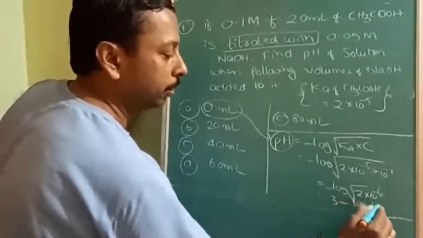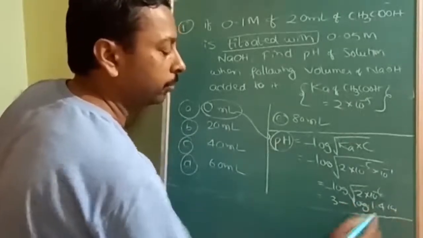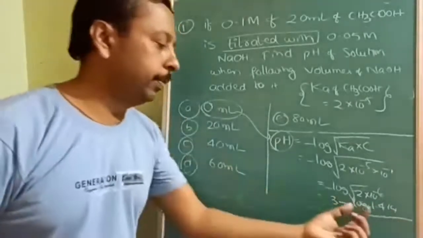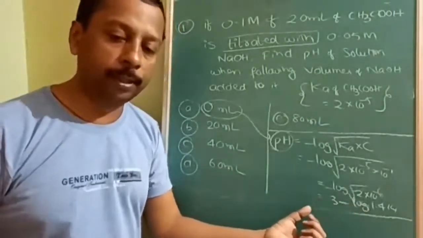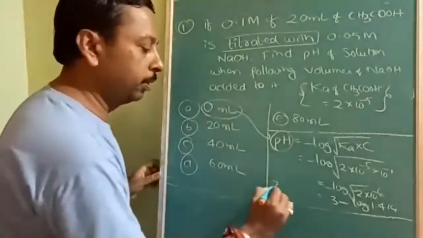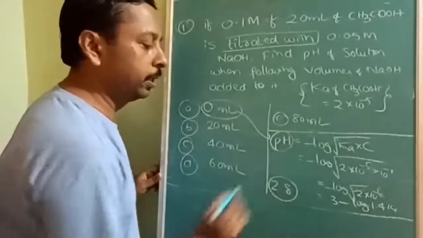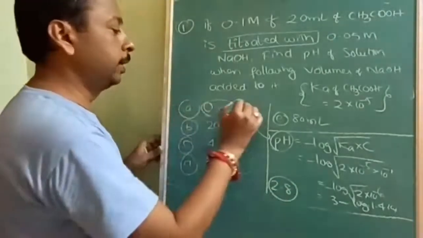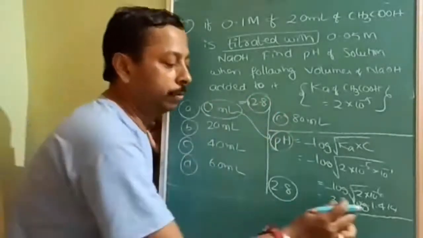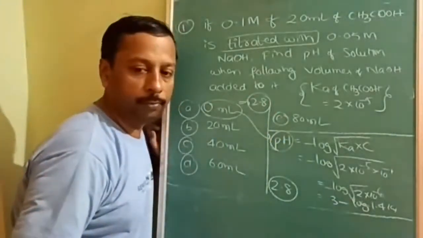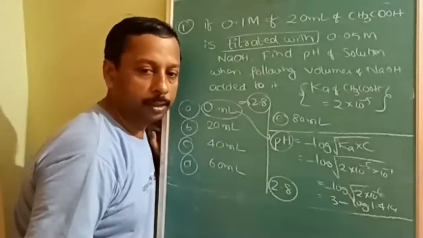So 3 minus log 1.414. By simplifying you will get the actual answer. The pH will be 2 point something, like 2.8. I am taking it as 2.8. So the first answer is 3 minus log 1.414. Is it understood?